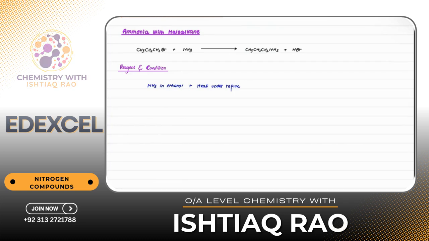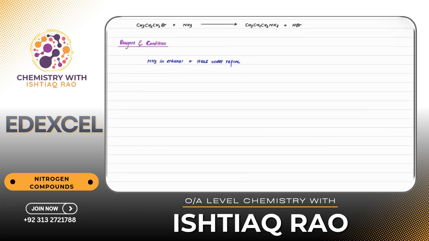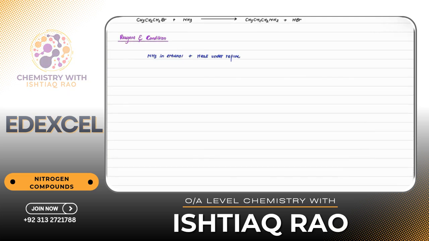Okay. Why am I taking ammonia in ethanol? Why not aqueous? If I would be taking ammonia aqueous, remember, as a result of this, alcohol would be formed. I don't want to have an alcohol. I want to form amine.